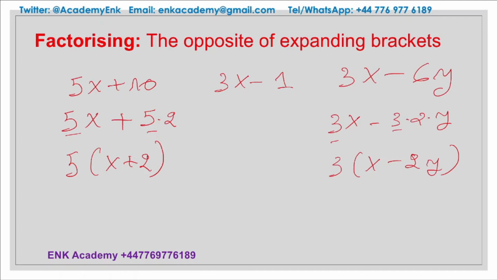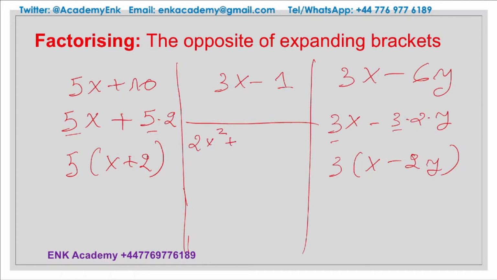So assuming we have 2x squared plus 6x, we will then have 2 times x. This can be done inside your head without really writing it, but we are doing this to make it clear.